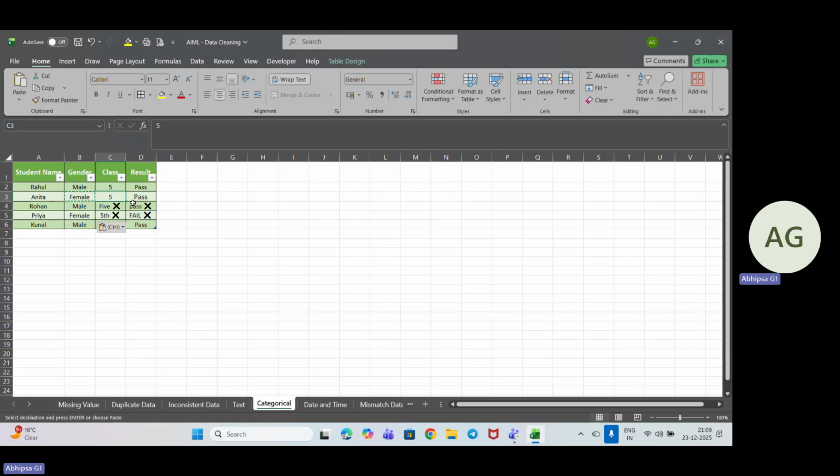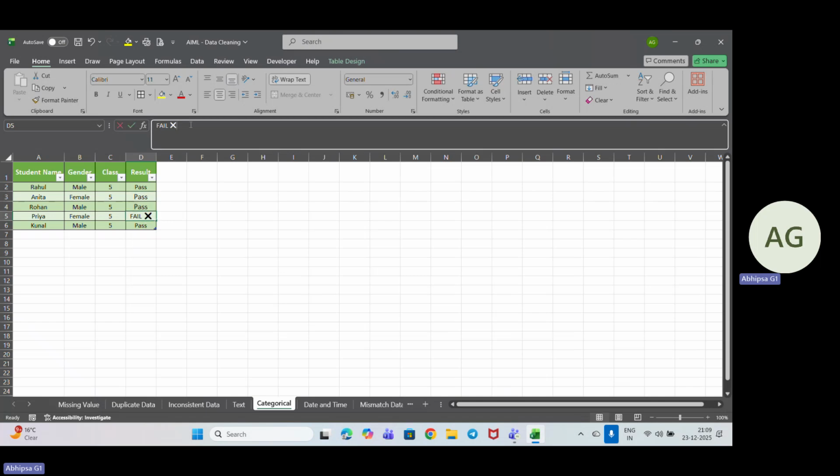Coming down to 5, that will also be changed to 5 like this, and pass will change like this, and fail we can take a single form of fail, a standard form of fail like this, so that we have exactly the same way by which we are filling the data. So this is about categorical data.